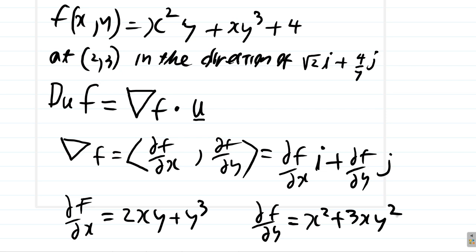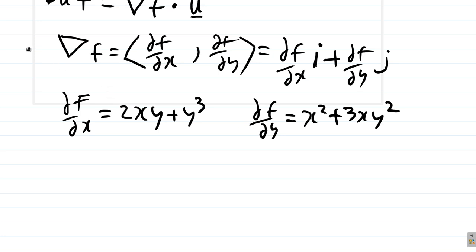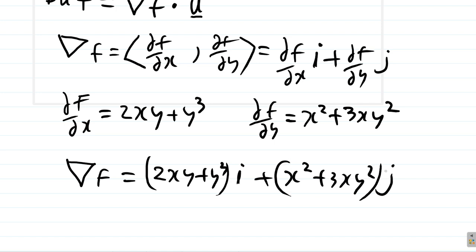Ensure that you carefully examine that and verify that those are the derivatives. Alright? So what you have is that the gradient vector f is (2xy plus y cubed) i plus (x squared plus 3xy squared) j. Right? So you have that.